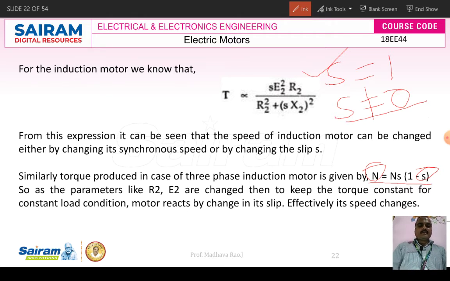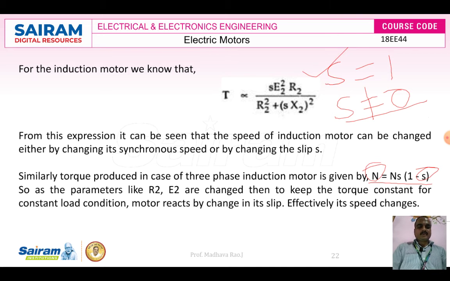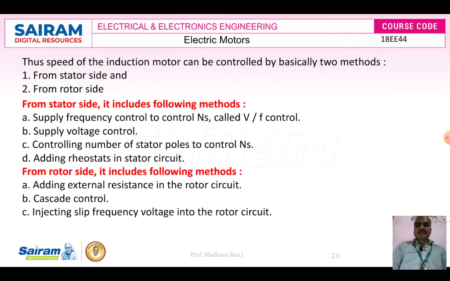Here we have various speed control methods. We have two methods mainly: one is the stator side speed control method, and the other is the rotor side speed control method. First, stator side speed control methods. We have four different methods.